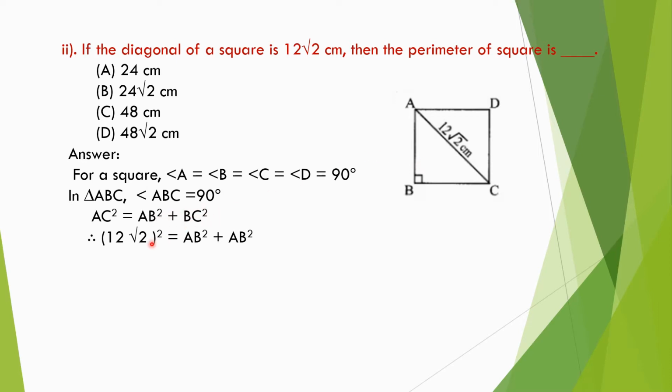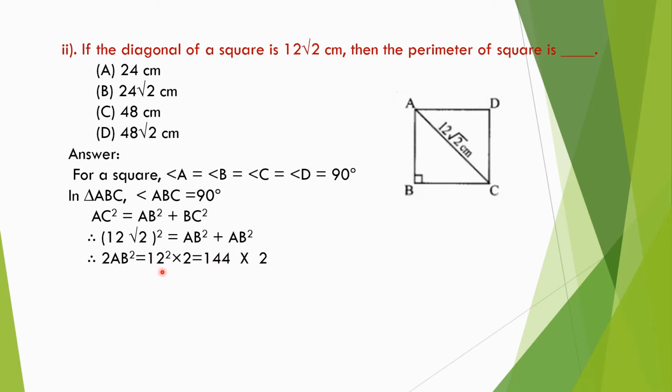Substituting the values, 12 root 2 square is equal to AB square plus AB square, that is BC square also is equal to AB square. Therefore, 2 AB square is equal to 12 square into root 2 square, which is 2.